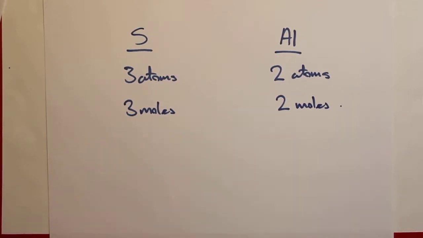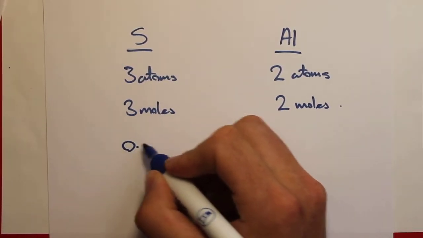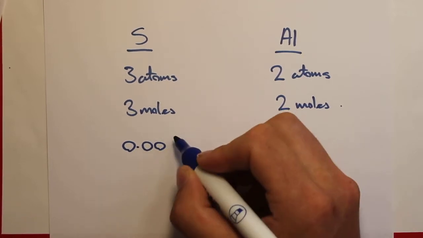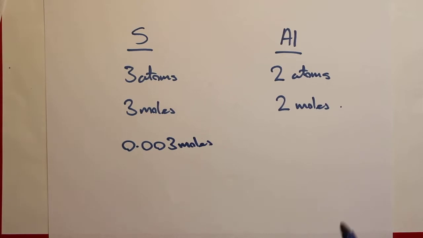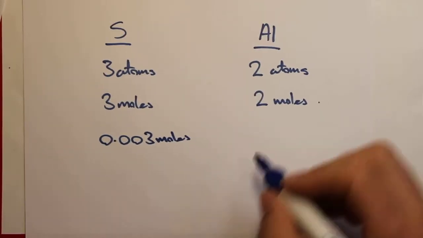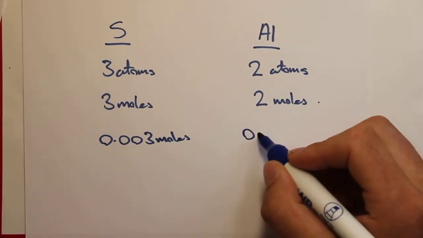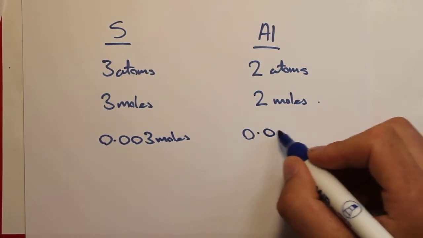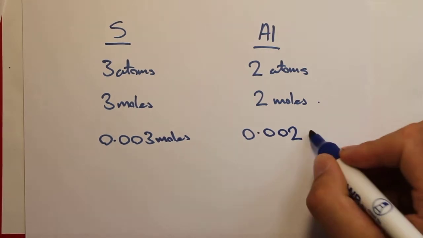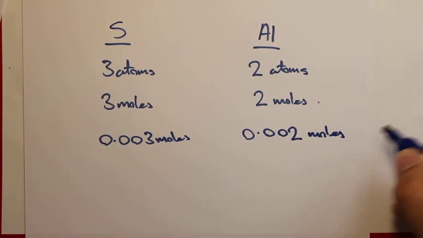Well, from the last part we know that we had 0.003 moles of sulfur, and using the same ratio, this is going to imply that to remove that many moles of sulfur, we would need 0.002 moles of aluminium.